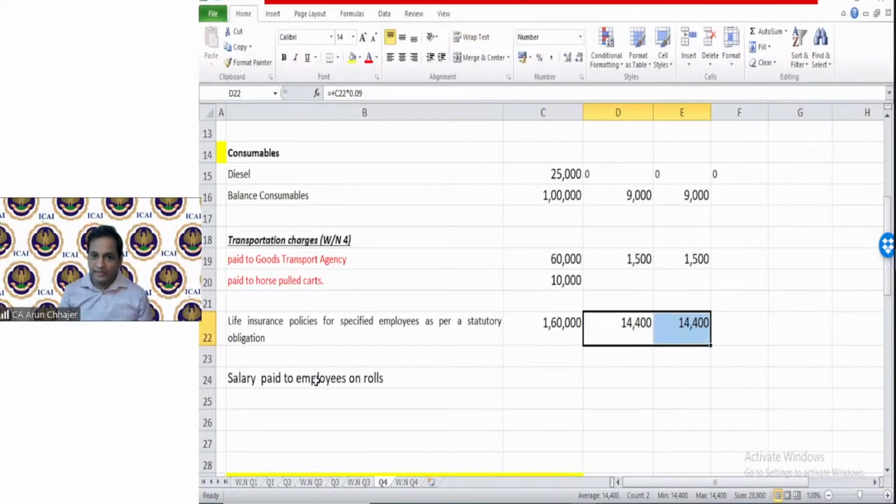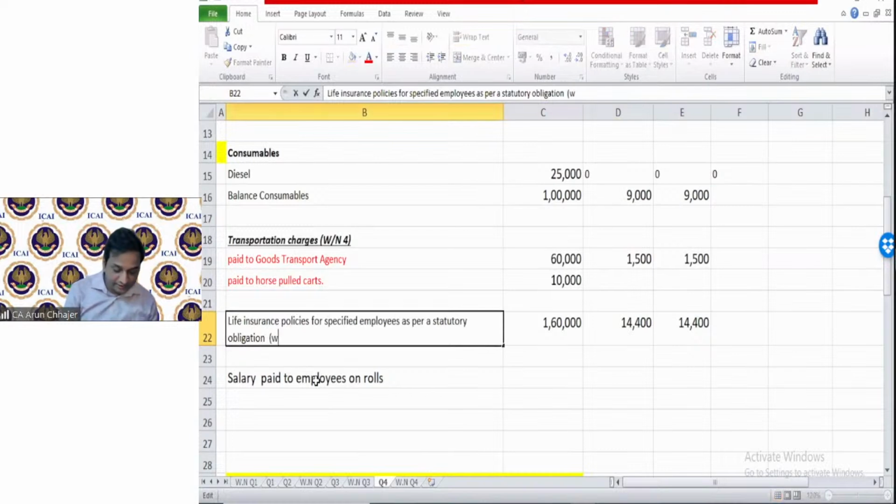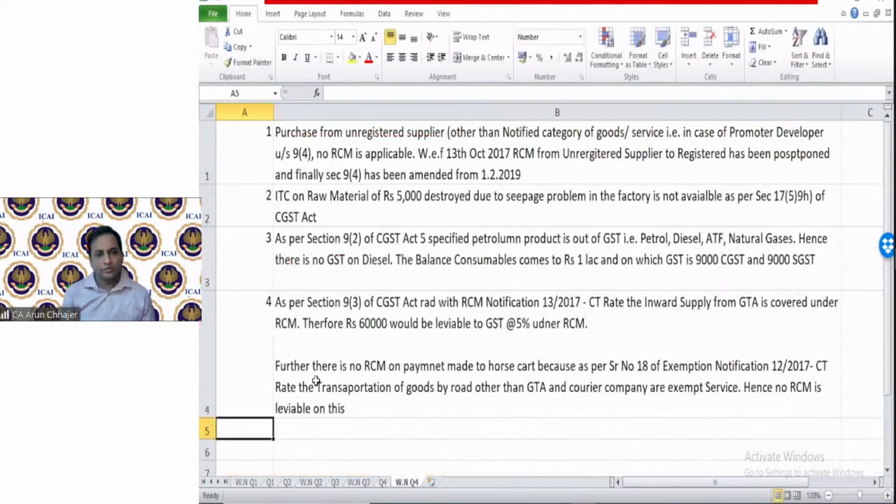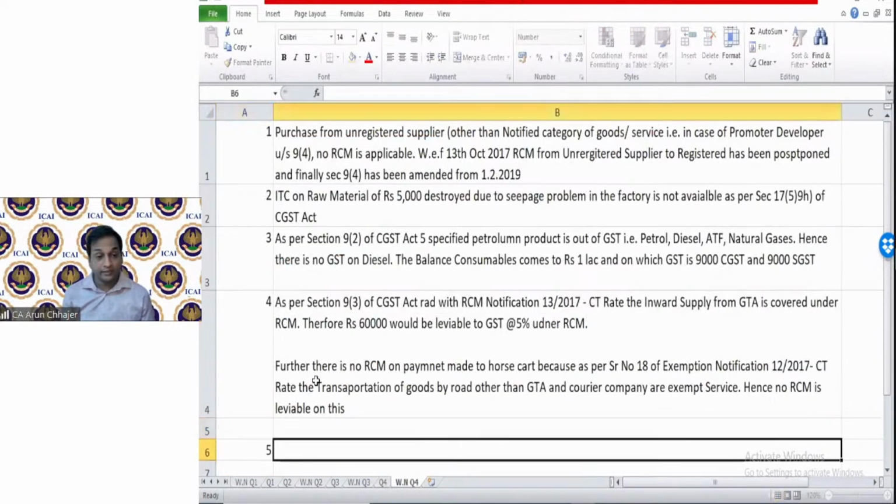ITC would be available because it is a statutory obligation. So here we can also write one comment.